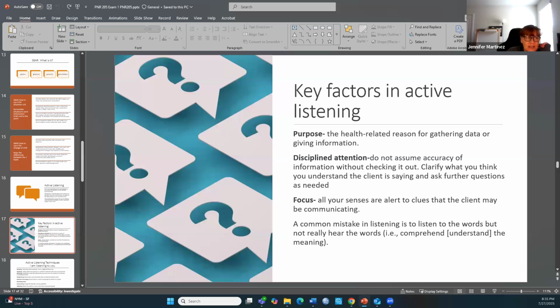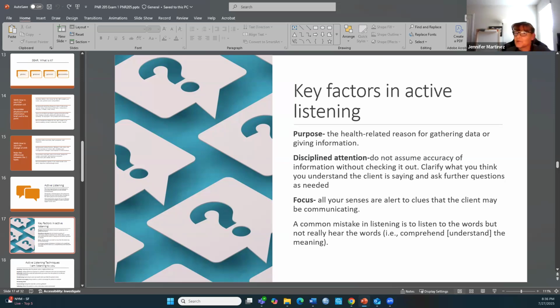So key factors in active listening: the purpose, right? What's the reason for gathering data or giving information? Disciplined attention, right? Do not assume accuracy of information without checking it out. So you want to clarify what you think you understand the client is saying.